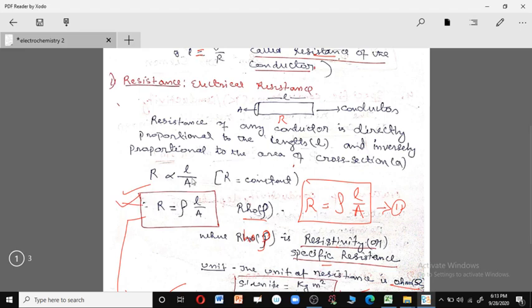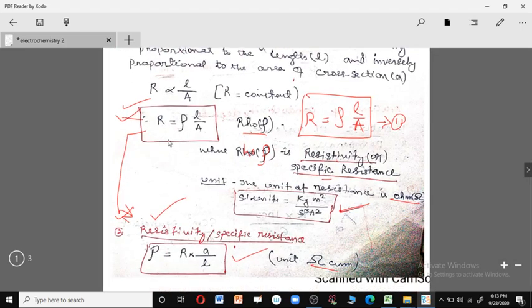If you convert, this rho is the resistivity. So rho is equal to R into A by L. A is the area of cross section of the conductor, L is the length of the conductor, and rho is the resistivity, right? Unit is ohm centimeter.